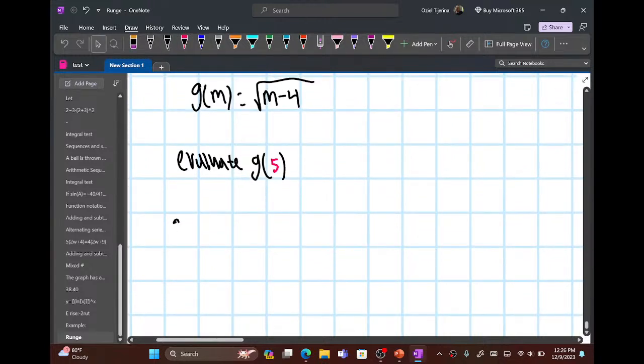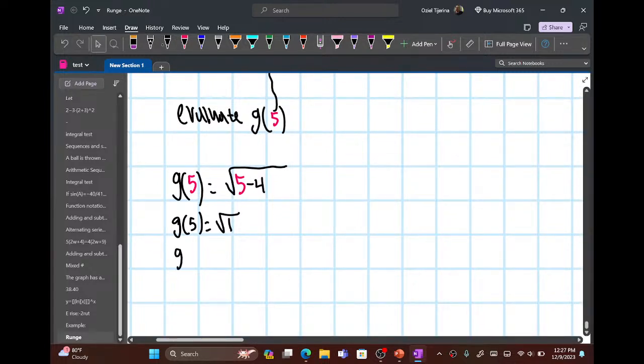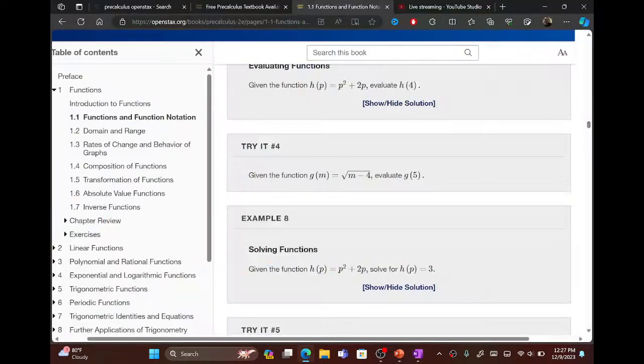So g of 5, we're just going to put in 5 for m, so the square root of 5 minus 4. So this is going to go in for this here. And then this gives me g of 5 is equal to the square root of 1. Obviously, the square root of 1 is 1. So g of 5 is 1. That is all that is, guys.